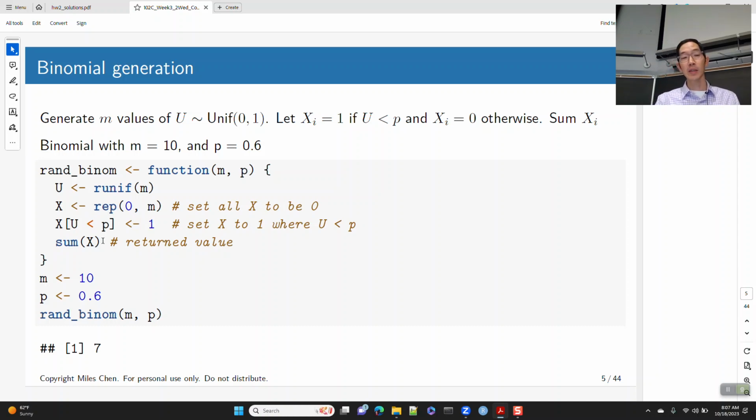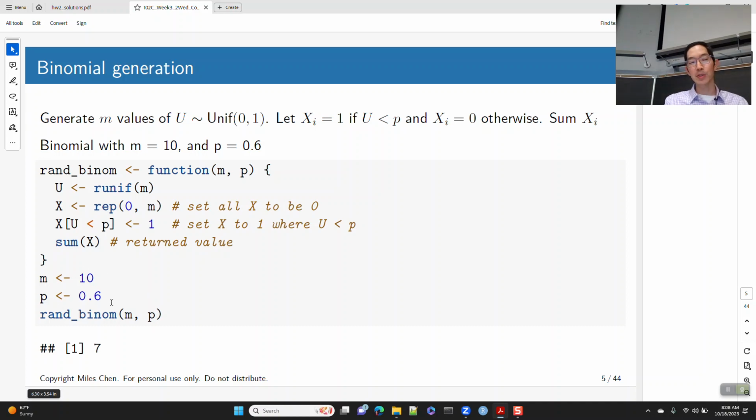And then I will add up how many ones we have. We sum the x's, and that's going to return a random value here. Obviously I can condense my code into one line if I just did sum of runif less than p. That would also do the trick, but this just breaks it out into 4 lines here.